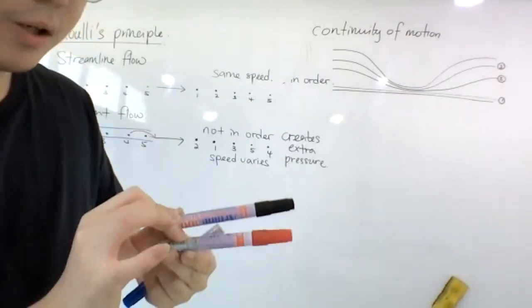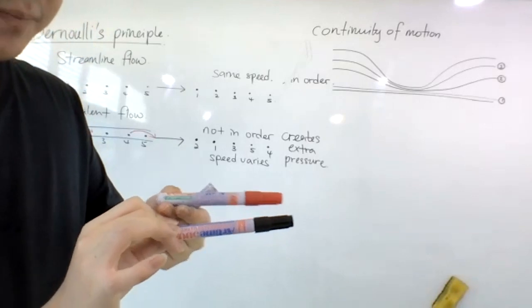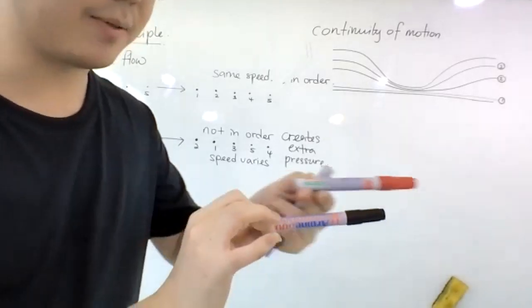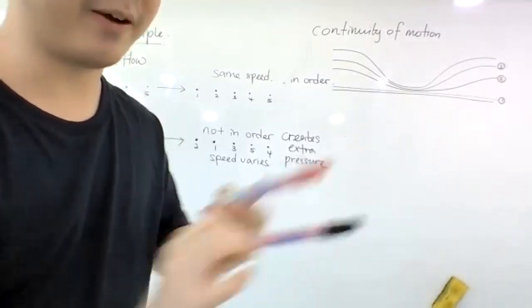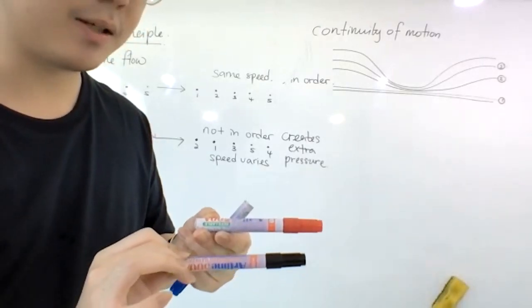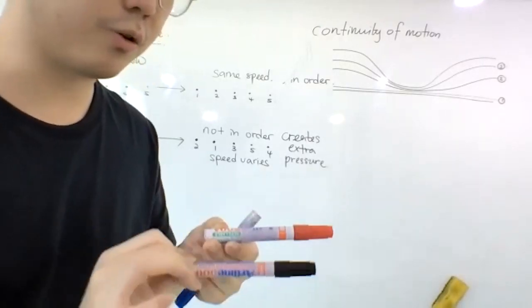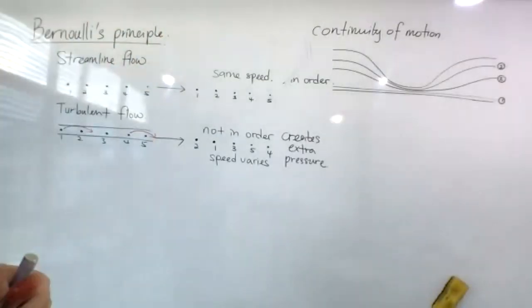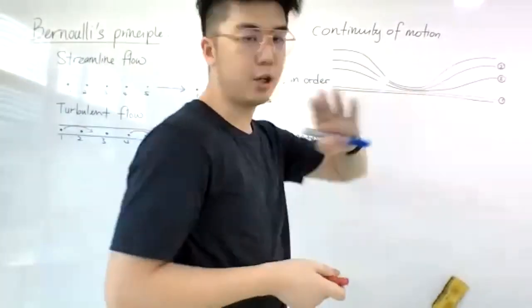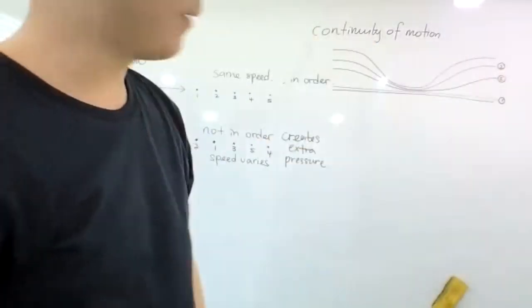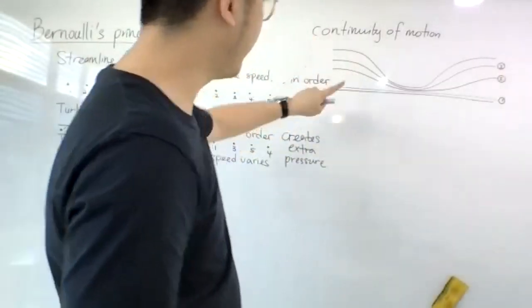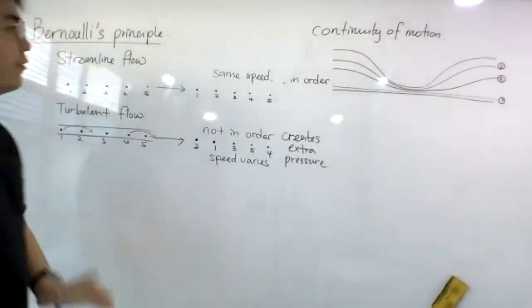It doesn't overtake, right? They go in a very orderly manner. This one cannot suddenly jump over or cross another streamline. The lines do not intersect. This is how we show that it is a streamlined flow.